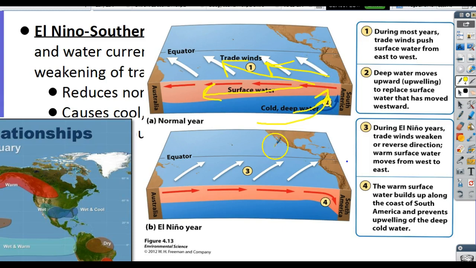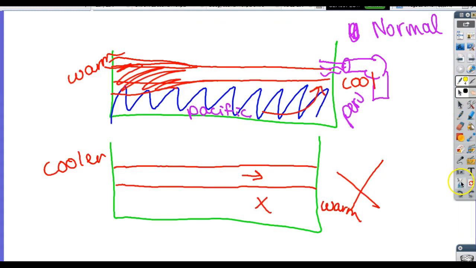What happens during El Nino is these trade winds weaken or they reverse. So now we get that warm water flowing backwards, and now South America is warm. And we don't have that cold, nutrient-rich water coming up. And because we don't have that nutrient-rich water, we don't get phytoplankton, and then the fishies die because there isn't as much phytoplankton.